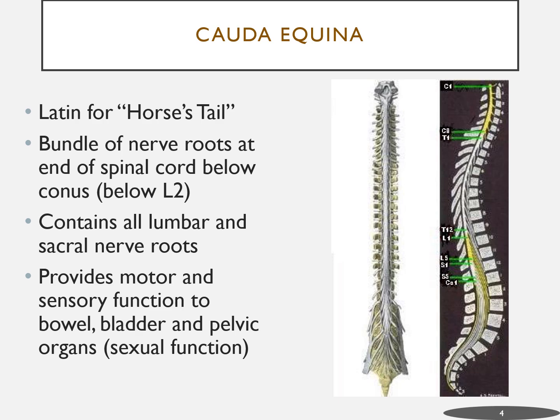So think about a patient that has any injury above this area is going to have some type of deficit in motor and sensory function to bowel, bladder, or our pelvis. So this is an important area.